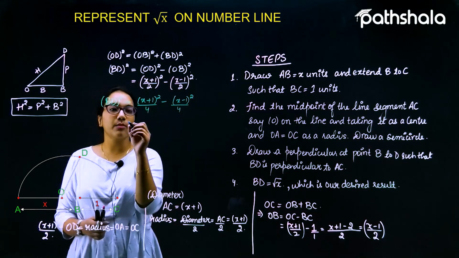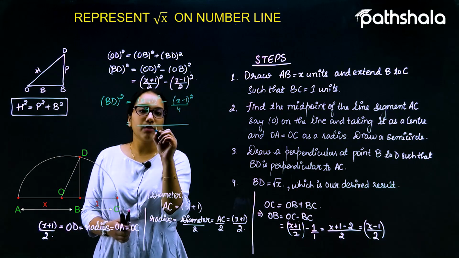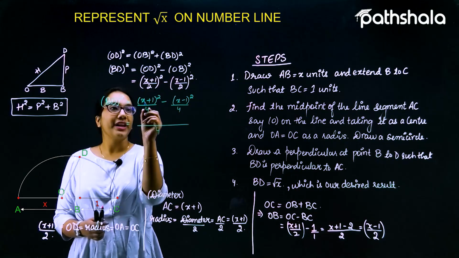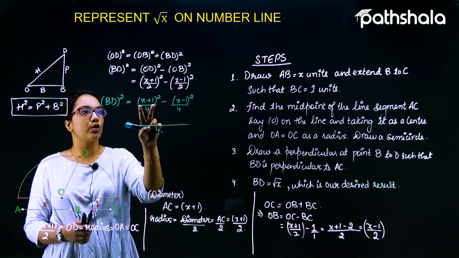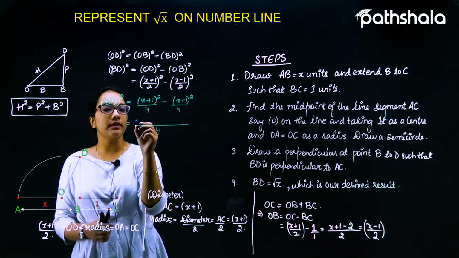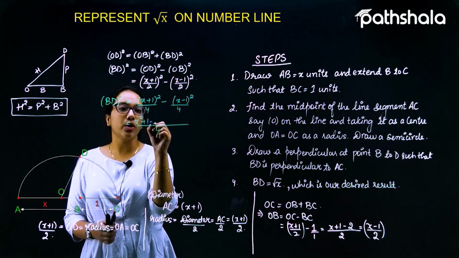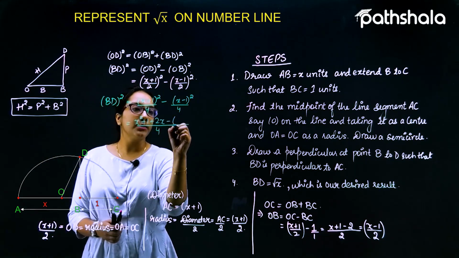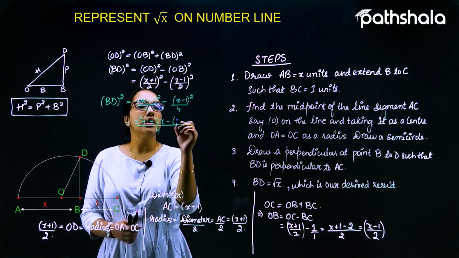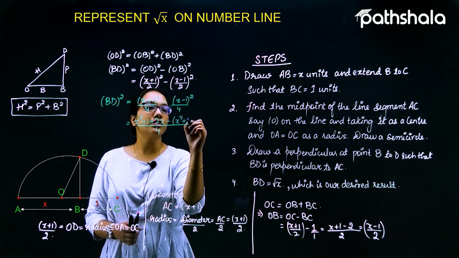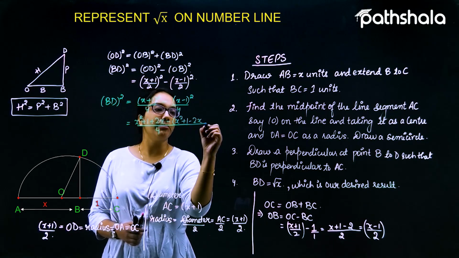After taking out the LCM, it will be 4. We can use the identity of a plus b whole square, which is a square plus b square plus 2ab, and similarly the identity of a minus b whole square, which is a square plus b square minus 2ab.